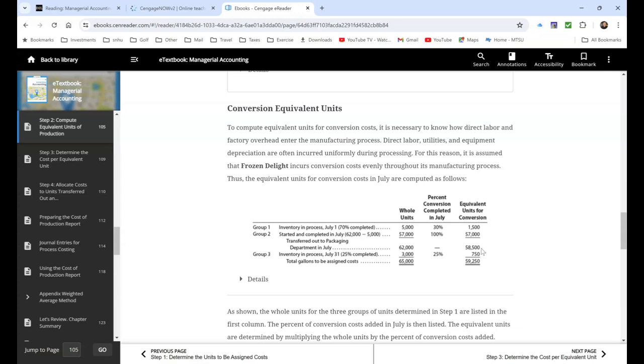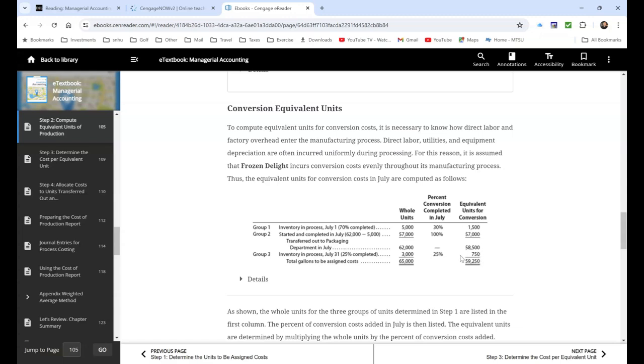So that represents 58,500. And then we had 3,000 units that are fully assigned all the material costs, but we've only completed 25% of the process for this. So we're going to have 3,000 times 25%. And so that's going to be 750. And so we're going to have a total of 58.5 thousand of these units.